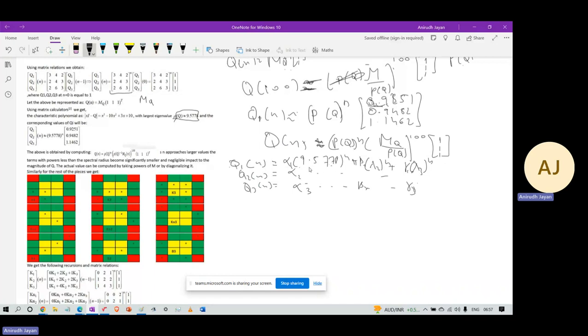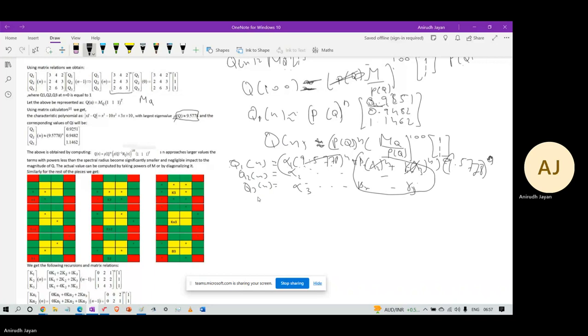As n gets large, beta and gamma become less relevant as they approach 0. If we take 9.5778 power n common, the remaining terms tend to 0 as the function is exponential as a function of n.